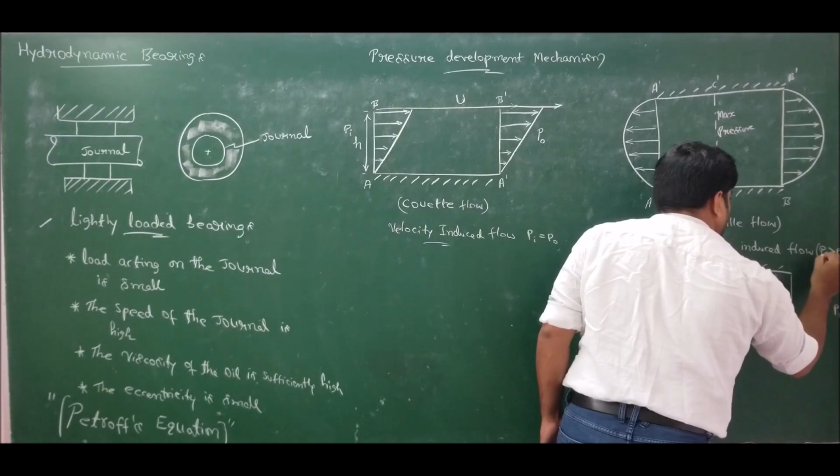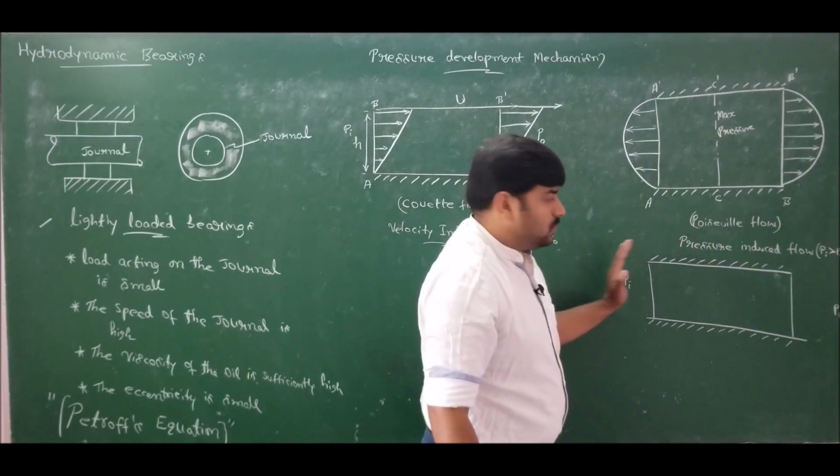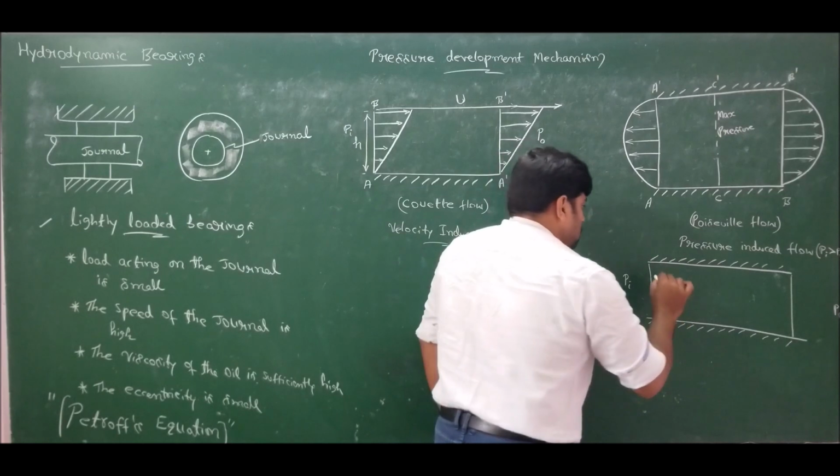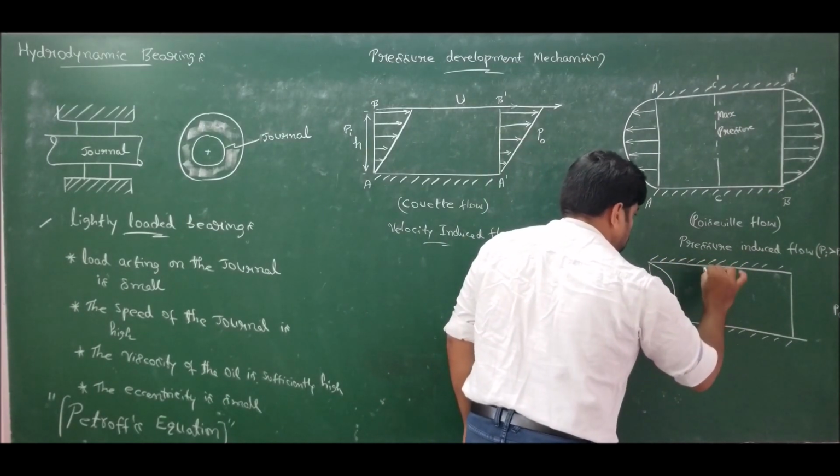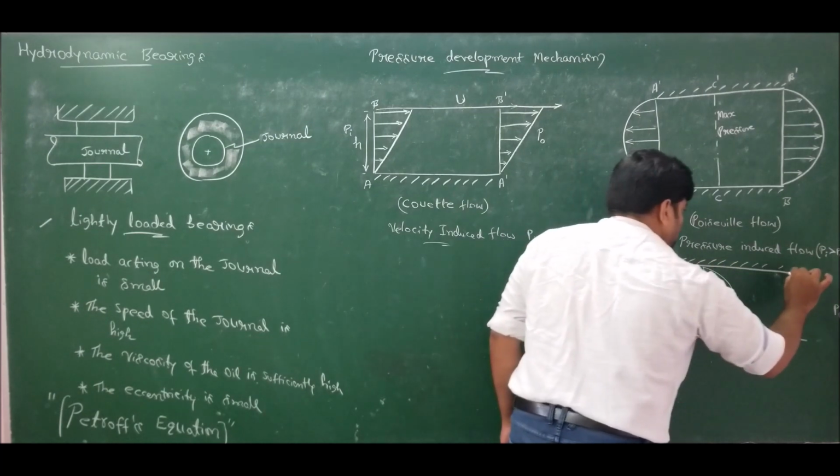So lubricant always flows from higher pressure region to lower pressure region, and the profile will be like this. So this is an example for Poiseuille flow.